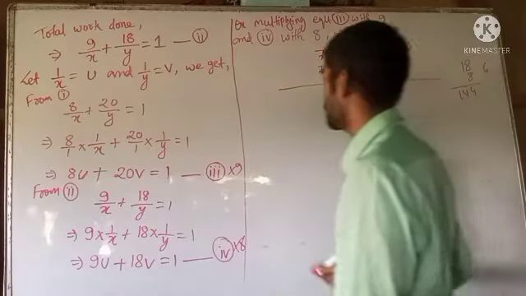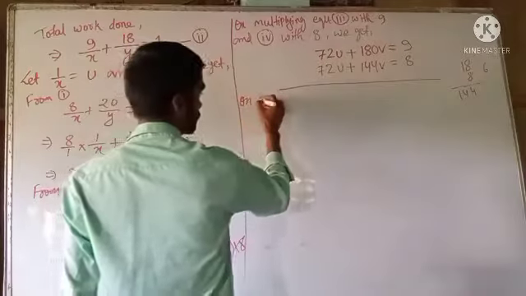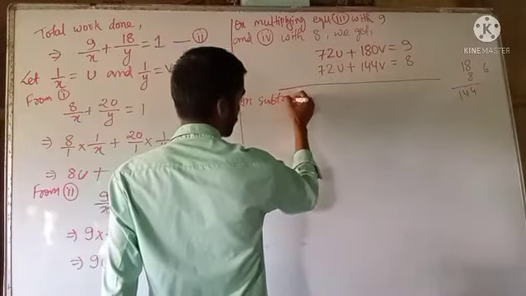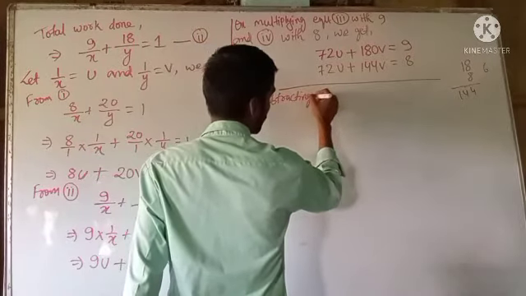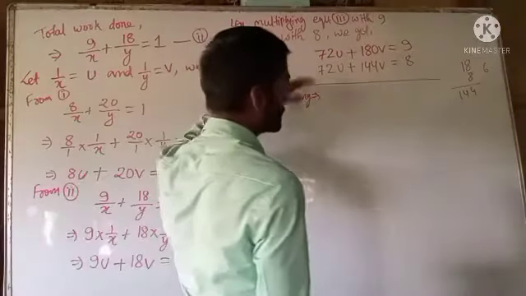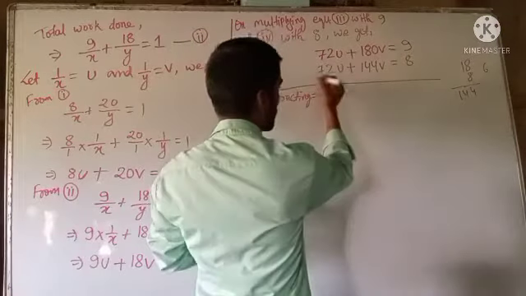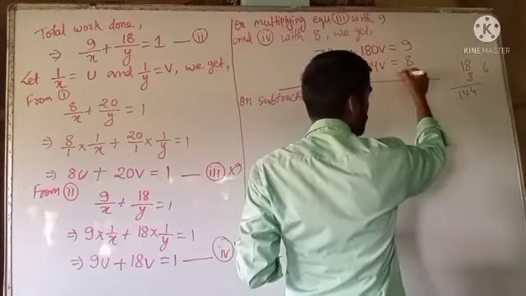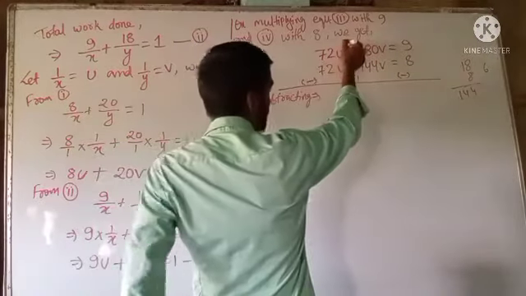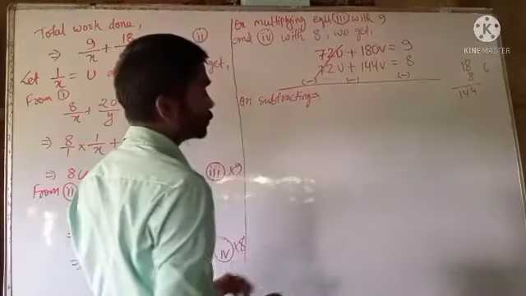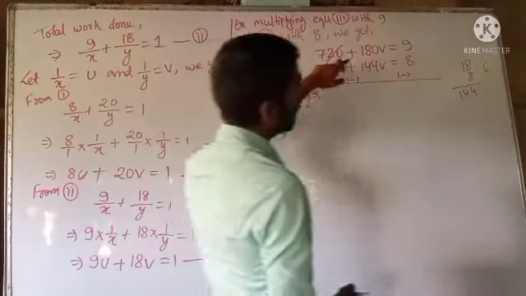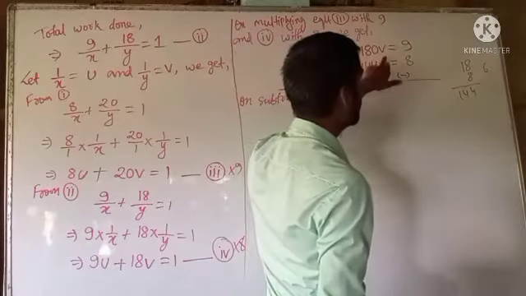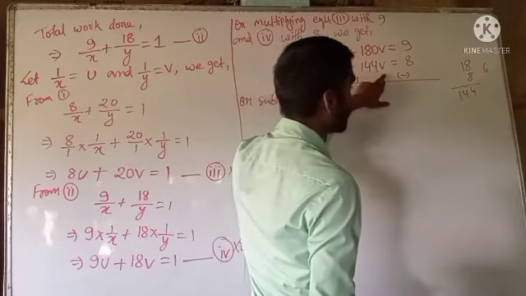Now we will subtract them. When we are subtracting, the sign of the second equation will change, that is plus will change into minus. Plus 72u and minus 72u we can cancel. Now here plus 180v minus 144v.